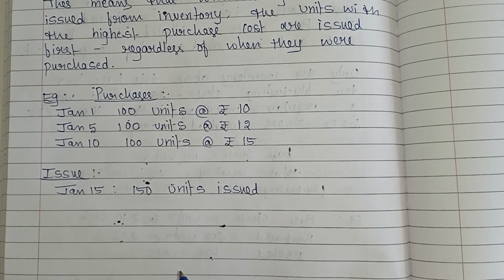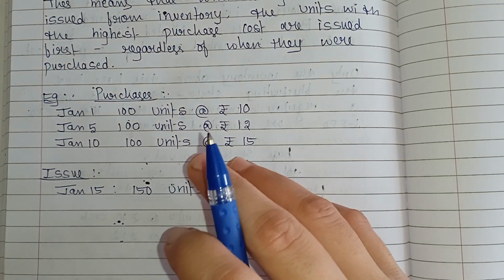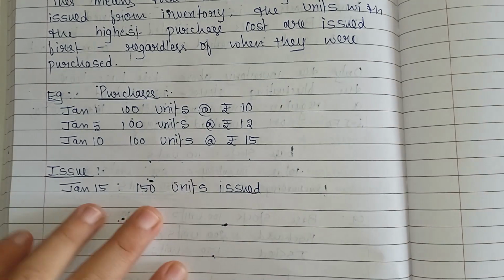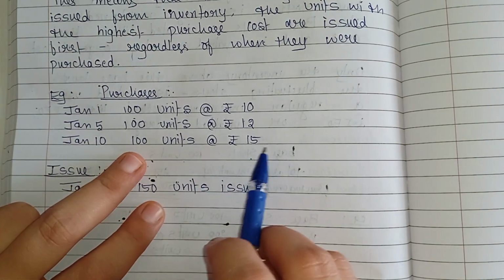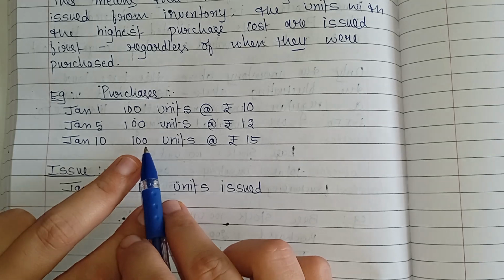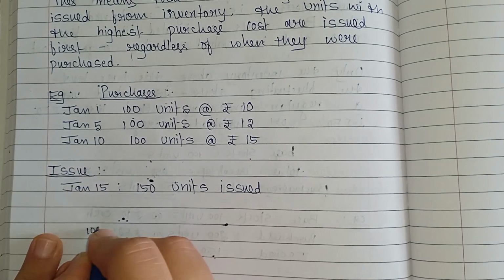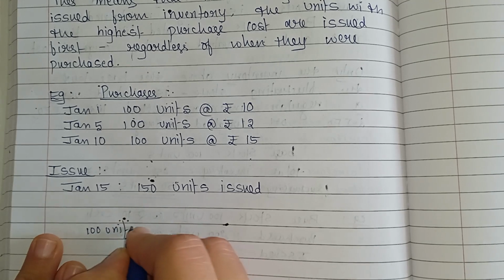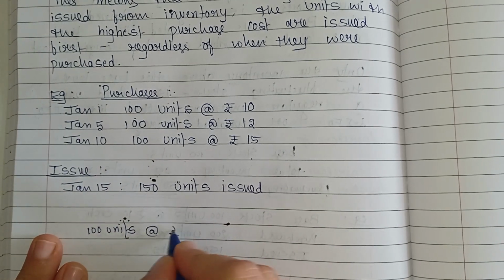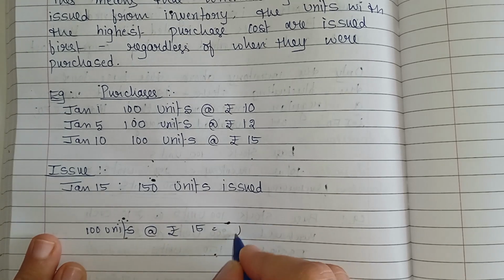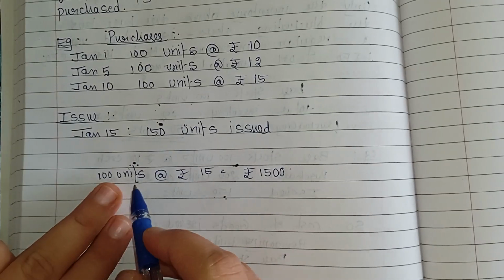So according to HIFO, we issue the costliest units first. Here the costliest purchase cost is rupees 15, but here we first issue 100 units, right? So 100 units at rupees 15 equals rupees 1500. Now remaining 50 units.